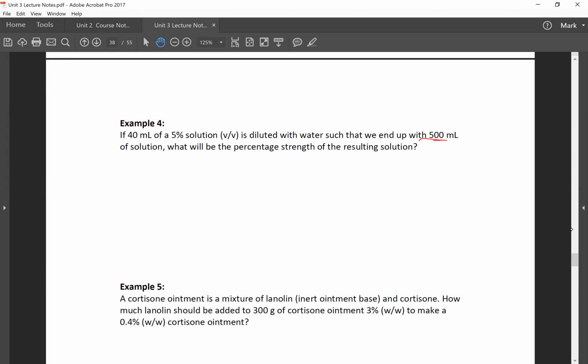So here, if I made those boxes, I have 40 milliliters of a 5% solution. Then I'm going to add to this some water. And it doesn't say in the question how much water I'm going to add, but I do know that it's 460.